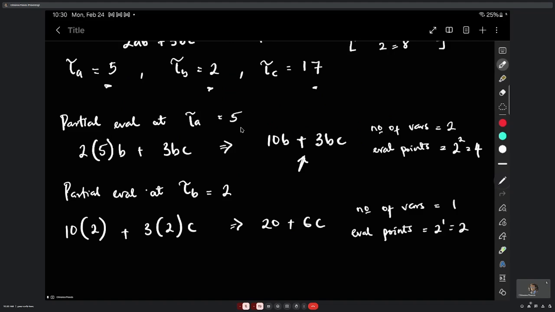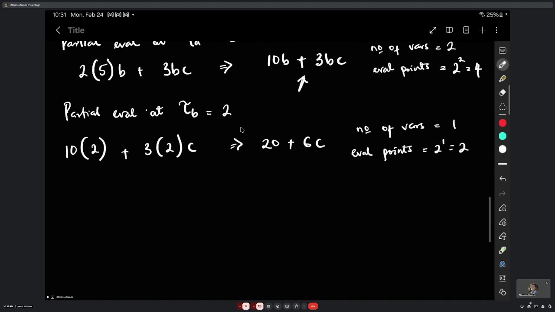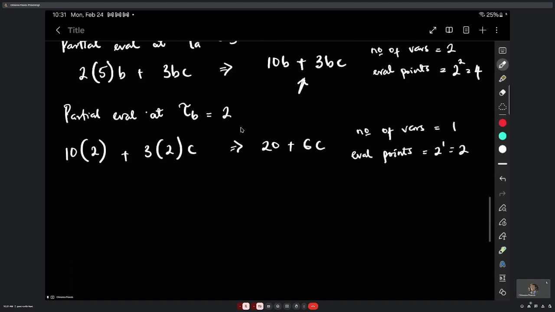So this is basically a univariate polynomial now, and we're going to fully evaluate it at the last one, tau of C, which is 17.